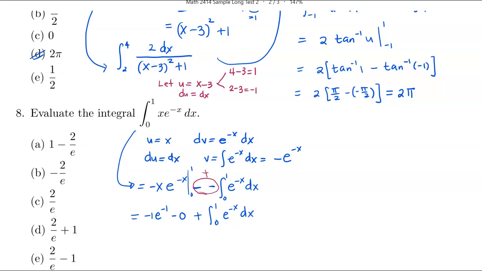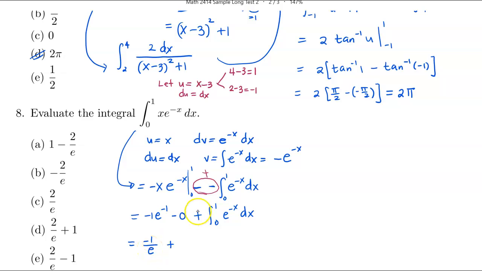And what's the integral for that? The integral of e to the negative x dx is just negative e to the negative x. So this is equal to negative 1 over e. That's the first expression, the negative sign here. And then e to the negative 1 will be in the denominator.